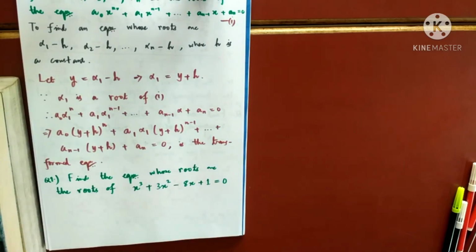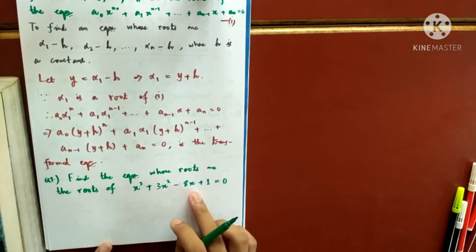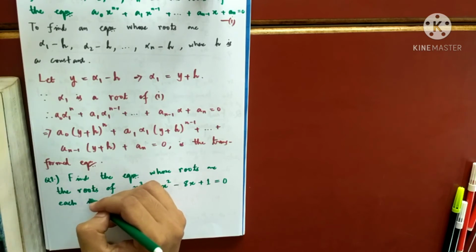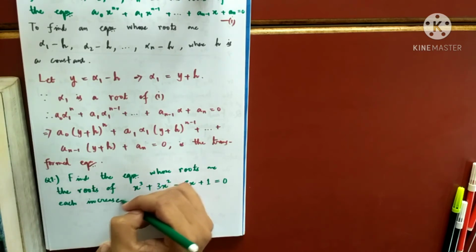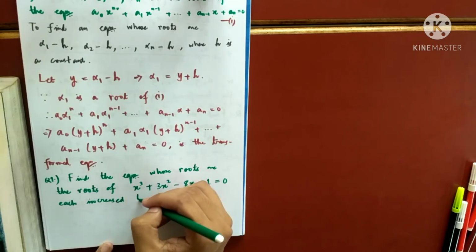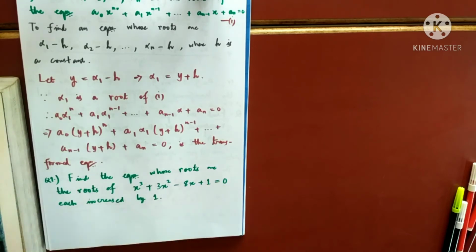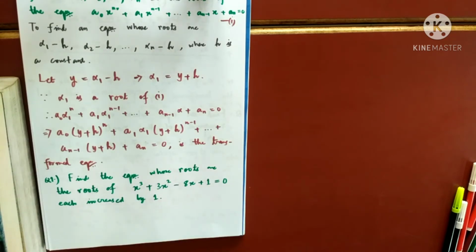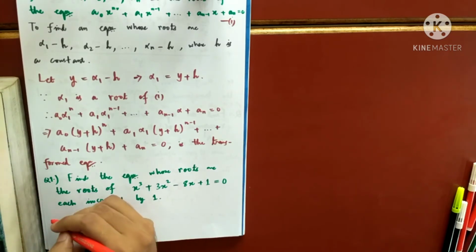So you have to find the equation whose roots are those of this equation each increased by 1. That means if the roots of this equation are alpha, beta, gamma, you have to determine an equation whose roots are alpha plus 1, beta plus 1 and gamma plus 1.